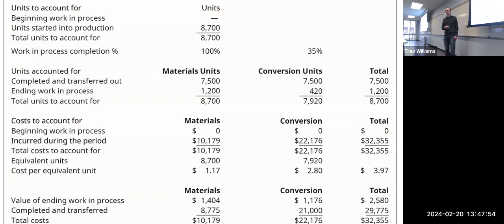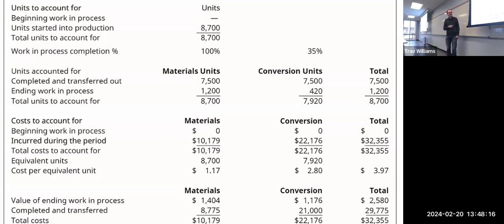Close though. It's close though. Well, yeah. And the reason it's not correct is because we're not completely converted. So that's what throws the number off. So the only way to get your total cost per unit is to add up the material cost and conversion cost per unit.